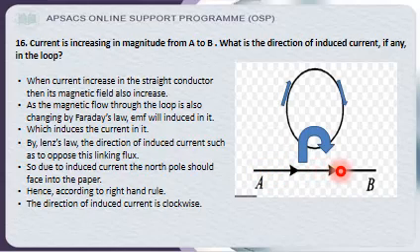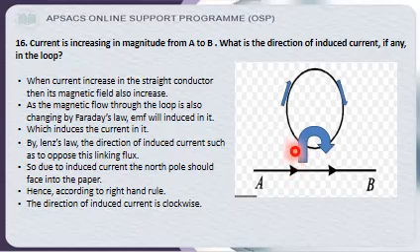Whenever there is a changing magnetic field around any conductor, what will be the result? The result is an induced EMF, and according to that induced EMF, there will be an induced current. What is the direction of this induced current? If I take this smaller portion only, it behaves like a straight conductor.